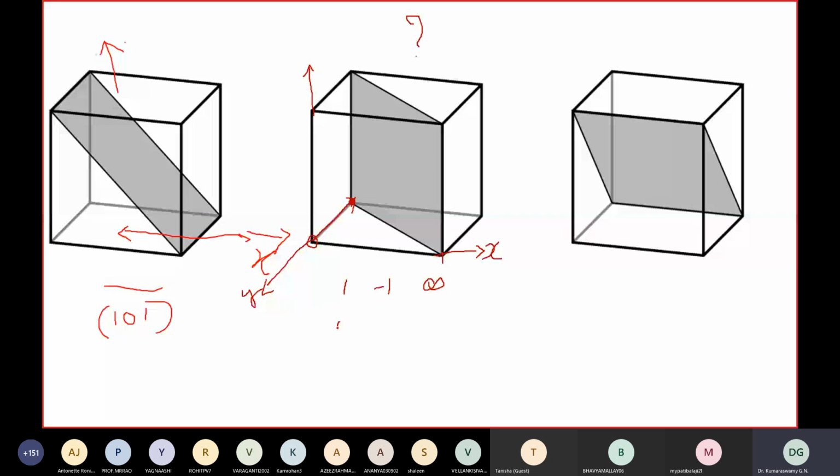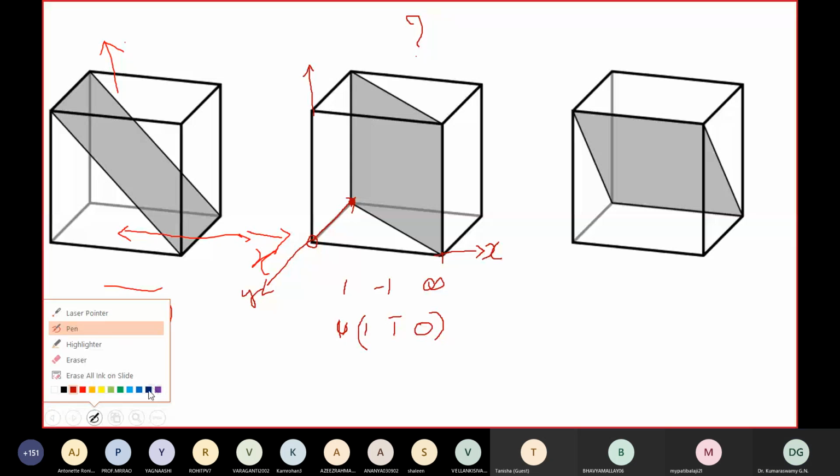Now take the reciprocal, you get 1, minus 1 and 0. Minus 1 is represented with a bar over it, and this is HKL. Right. If we take this as the origin, this is the positive x-axis.